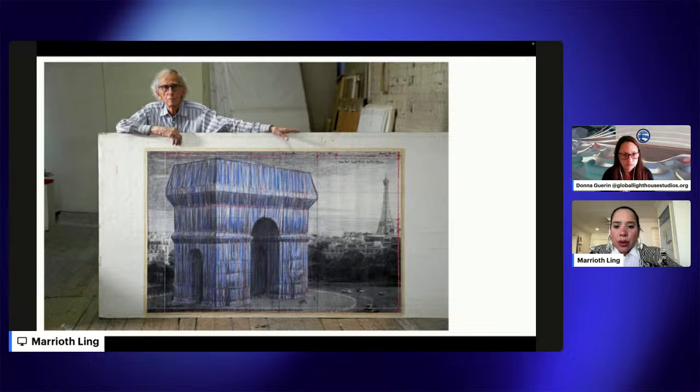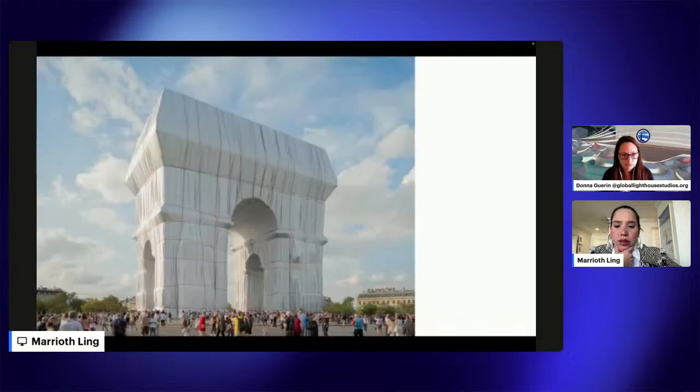So this is Christo, one of the sketches of the project, and this was the final. This is the real picture of how the Arc de Triomphe looked when they installed this.